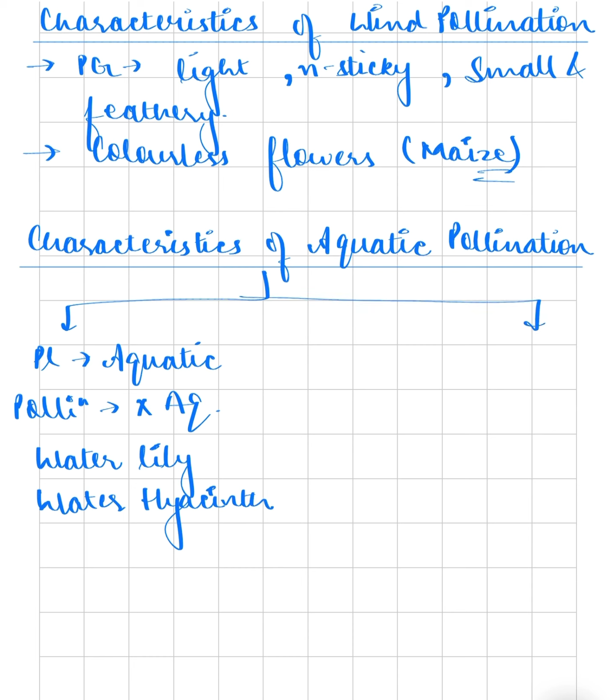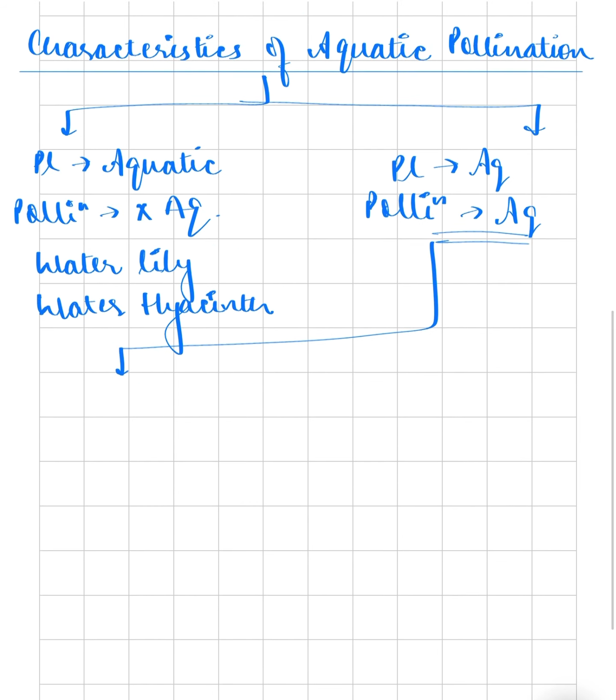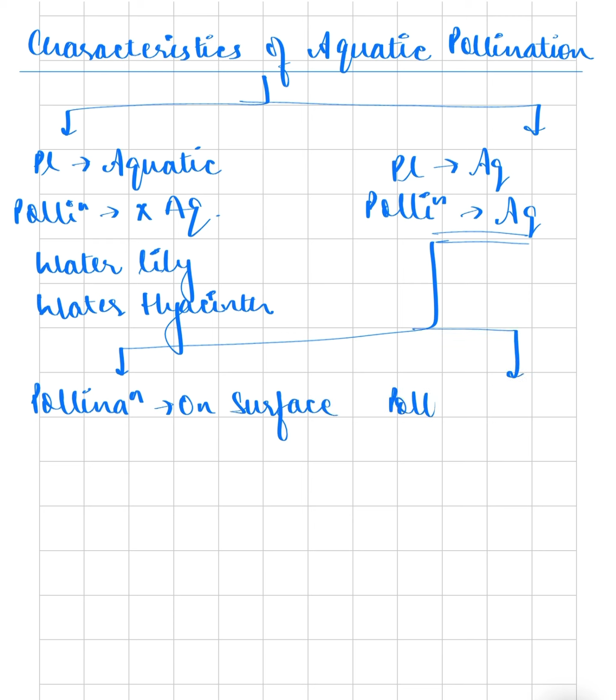Next type is, here the plant is aquatic and the pollination it does is also aquatic. Here we have two cases. The first case is the pollination occurs on the surface, and the second is the pollination occurs under water.